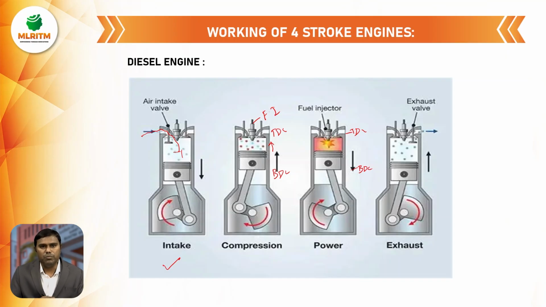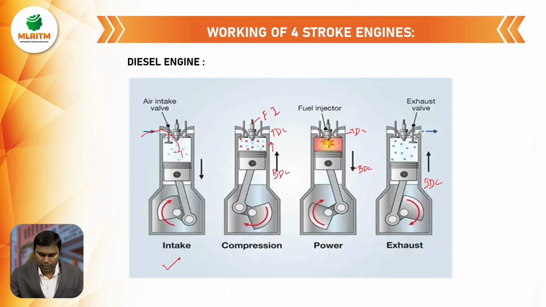After completion of the power stroke, there is no use for these gases, so they should be released from the engine. At that time, our exhaust valve is open. Then the exhaust gases go out from the engine cylinder to the atmosphere. In this stroke, the piston moves from BDC to TDC.